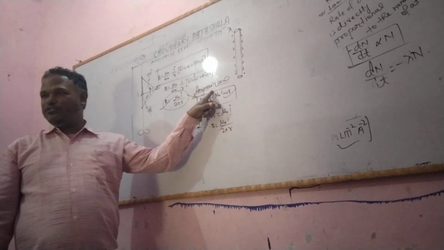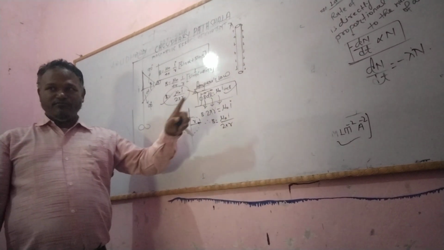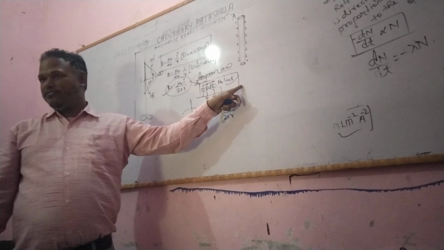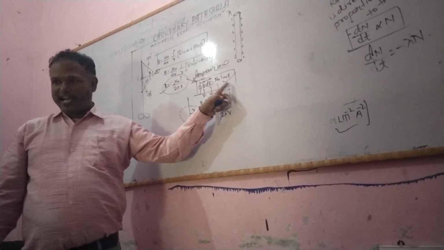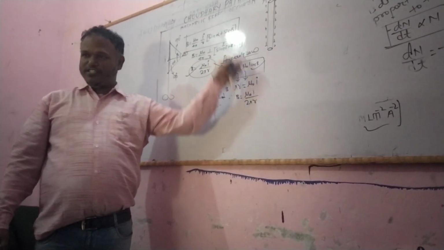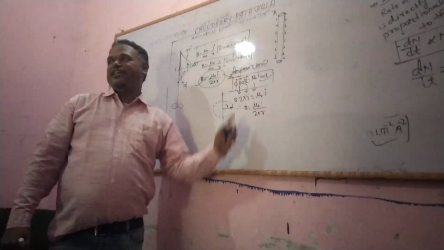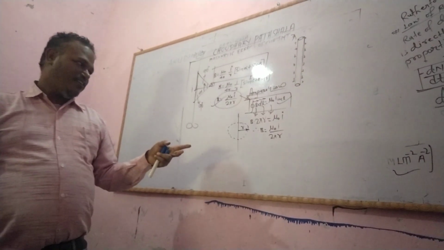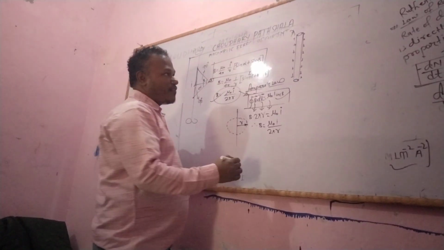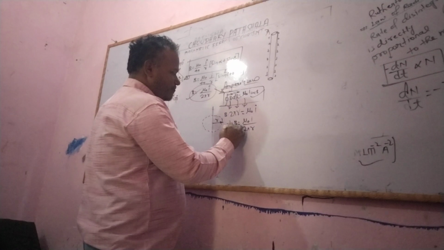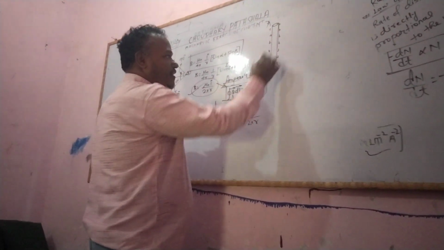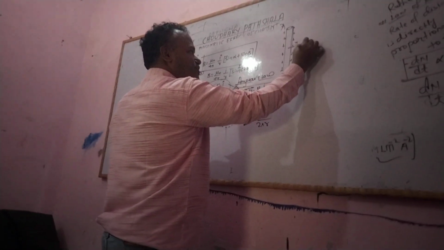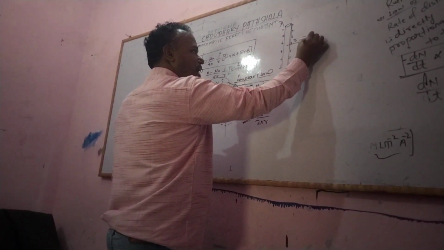Epsilon naught was in the denominator, in Gauss law Q enclosed upon epsilon naught. Here mu naught is up, so there is inverse. 1 upon 4 pi epsilon naught; here mu naught upon 4 pi. So inverse type relations. Are you understanding? So here you will find that the electric field due to a straight wire at a distance r is E is equals to lambda.